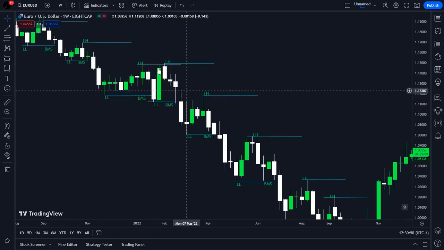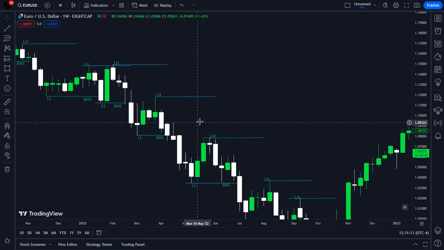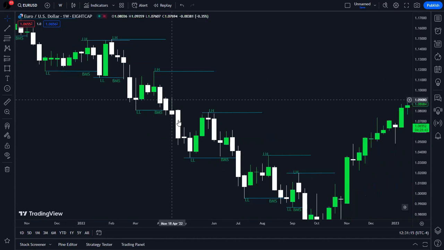The current dealing range is between this lower high and this lower low. Retracement, get a sell, get a new lower high within this dealing range, drop, break below the previous lower low, or break the current dealing range. That's when we have a breaking market structure. With the breaking market structure, we have a new dealing range and a new lower low.